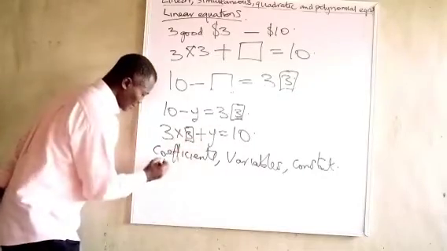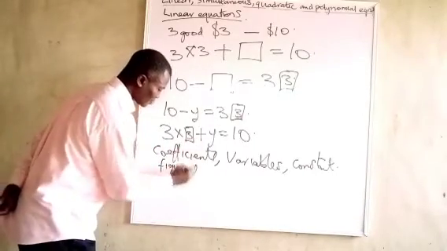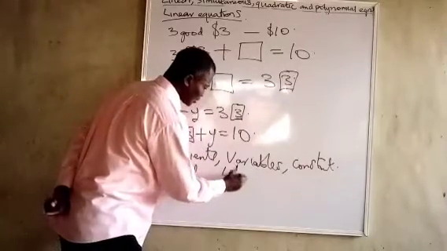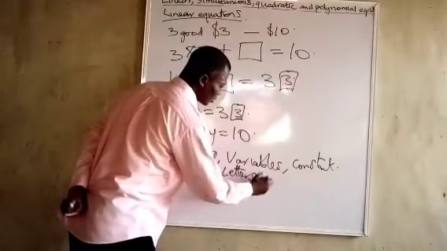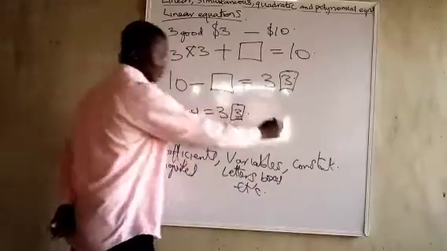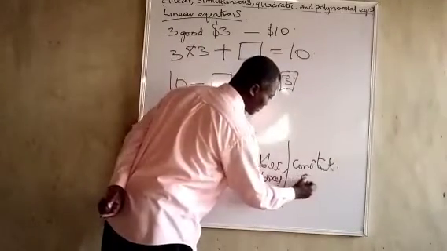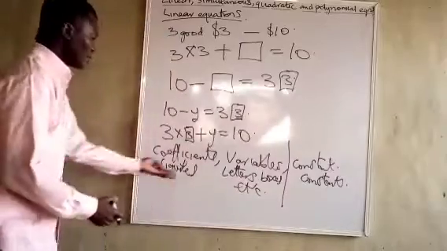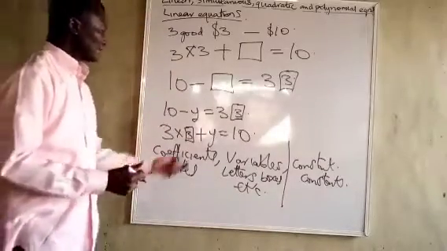These can be represented by letters or boxes, and these are non-changing constants. So with the combination of this, we'll be able to get our answer.